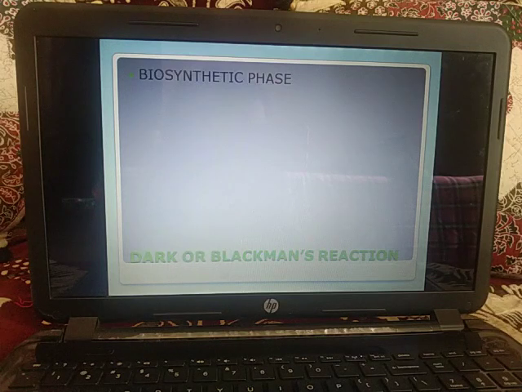The plants exhibiting the Calvin cycle are called C3 plants, and the plants exhibiting the dicarboxylic acid cycle are called C4 plants.